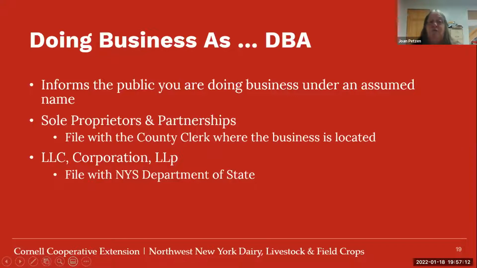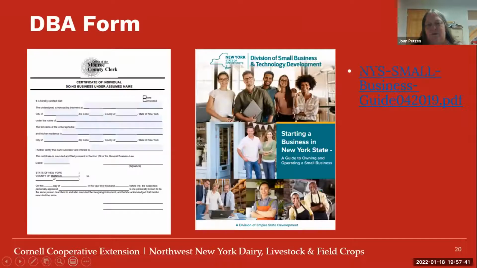You need to file with the county clerk if you're a sole proprietorship or a partnership, and it's a simple doing business as form. If you are an LLC, a corporation, or an LLP, you have to file with the New York State Department of State, and you have to find out first if that name is being used by someone else in New York State.